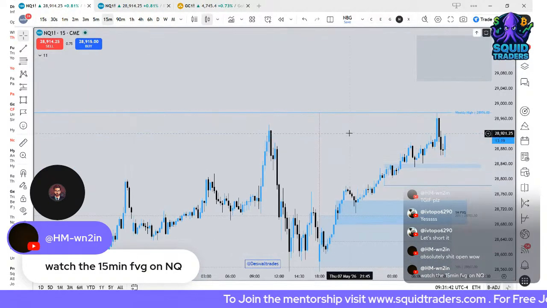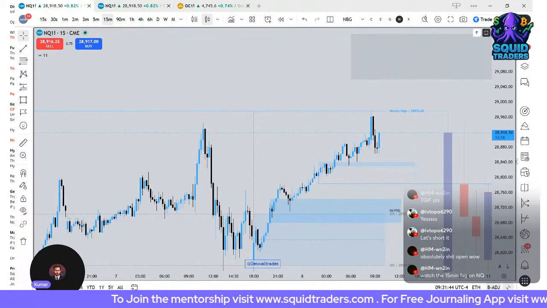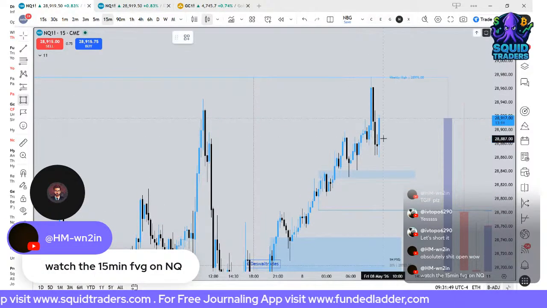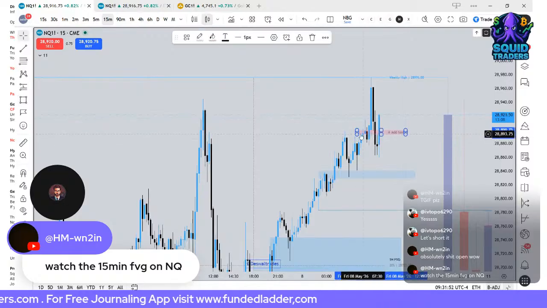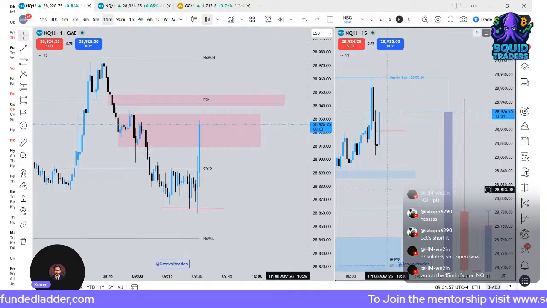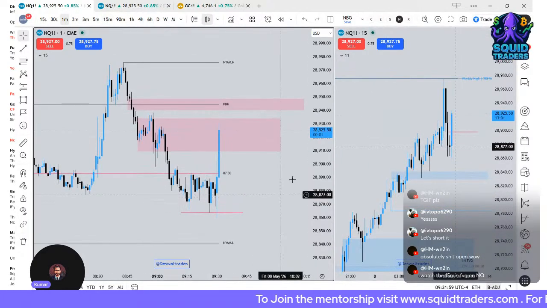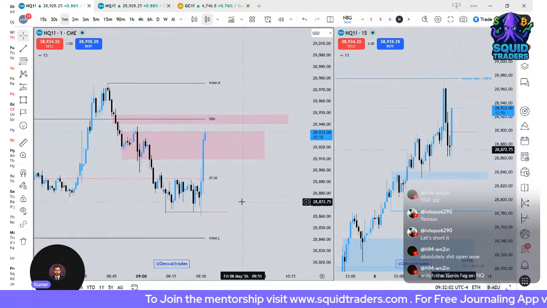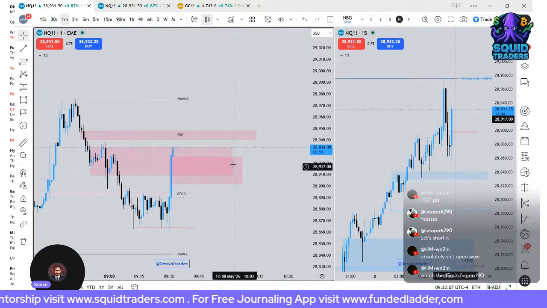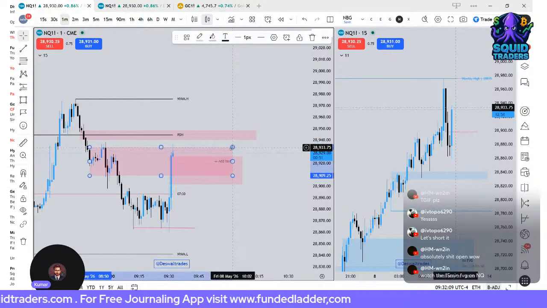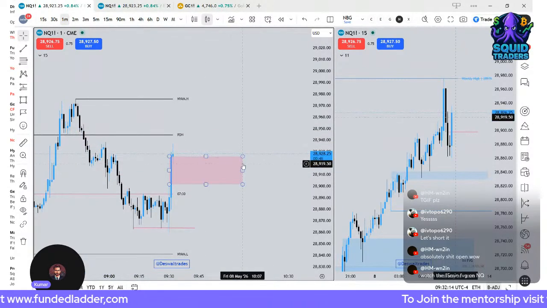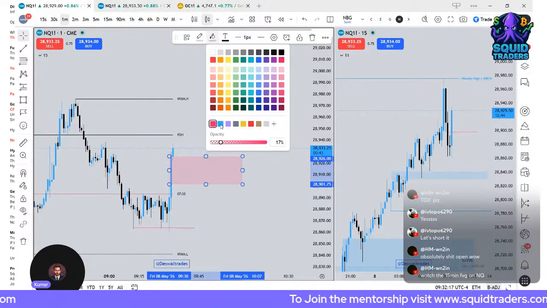A 15-minute FVG on this one, yeah. But still, we got 13 minutes to involve this one though. Yeah, it's quite bullish, but I still want to wait for its very bullish opening. Let's say I want to wait for the first 5 minutes candle close, and then we see. I don't want to jump into a trade straight away.